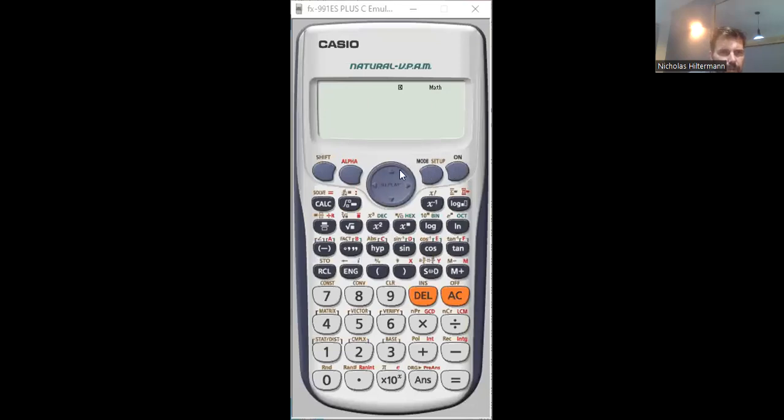Okay. Share screen and share. So we go shift tan, because it was tan theta equals tan to the minus 1 of 55 over 194. Equals, so your angle of elevation is 15.8, right? Three significant figures.